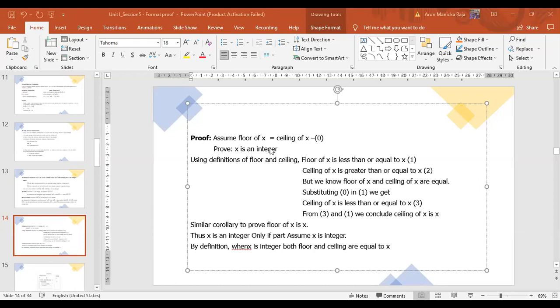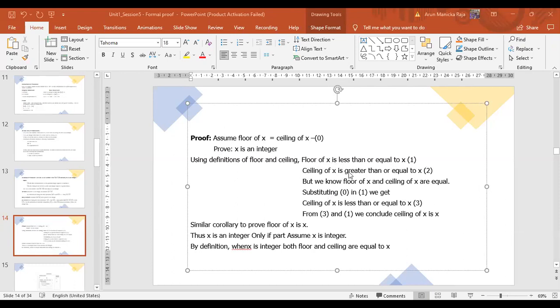Using this definition, I can say floor of x is less than or equal to x.